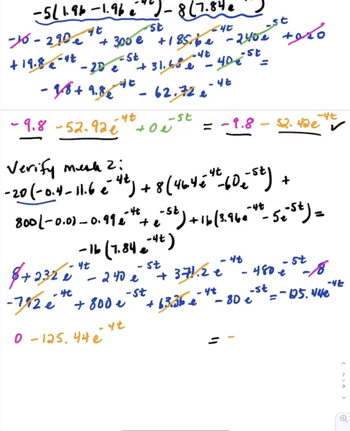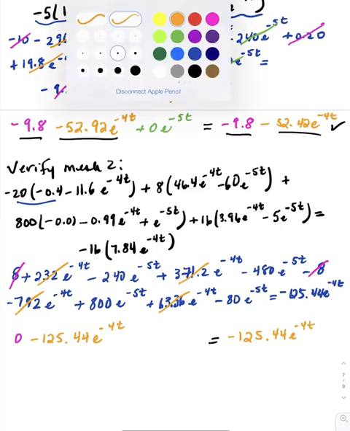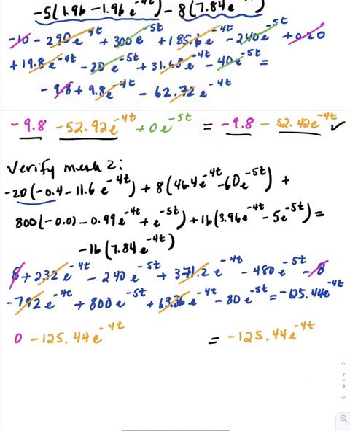And that's what we have on this side. All right, and then our last, e to the minus 5t. Let's see, minus 240, minus 480, plus 800, minus 80 is 0.